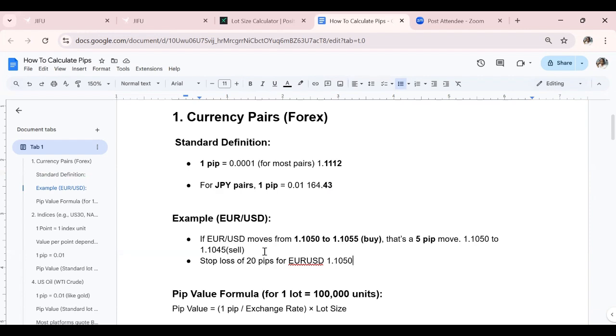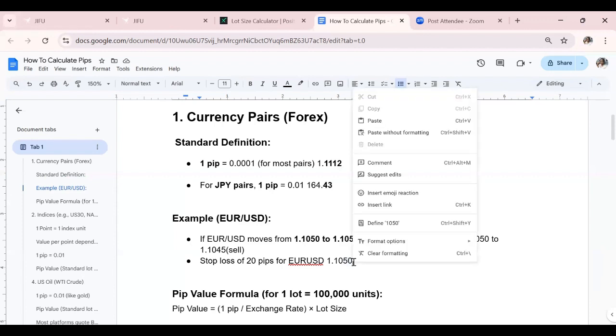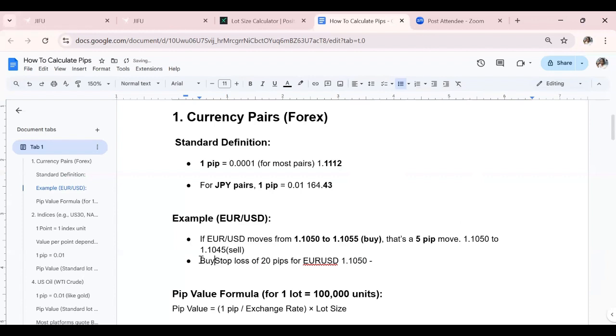Let's say you are buying. A stop loss of 20 pips means that your stop is below your trade. So you simply add or subtract 20 pips, and since this is a buy trade, you're subtracting 20 from 50.